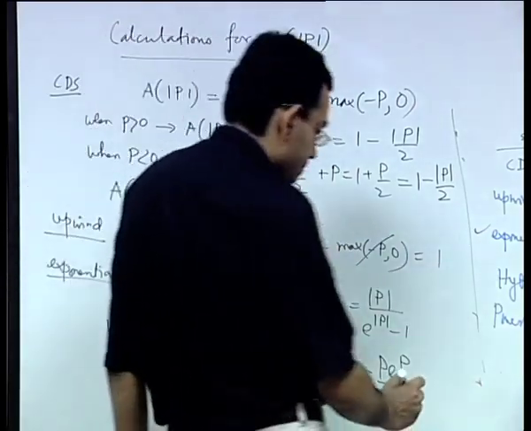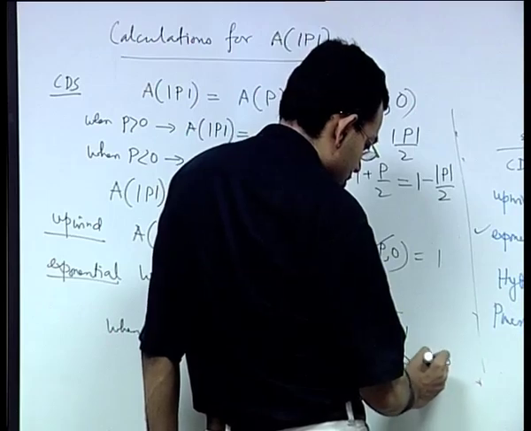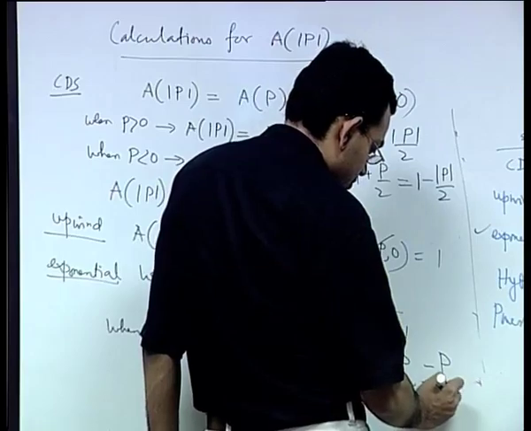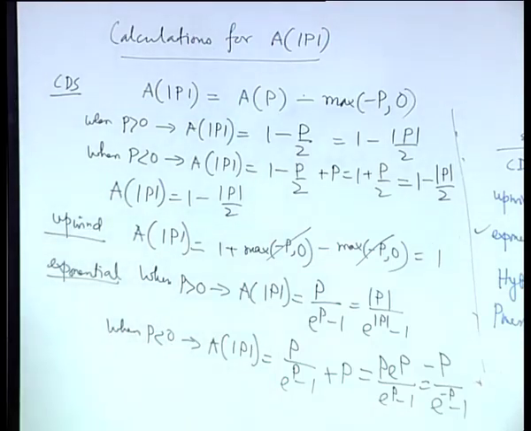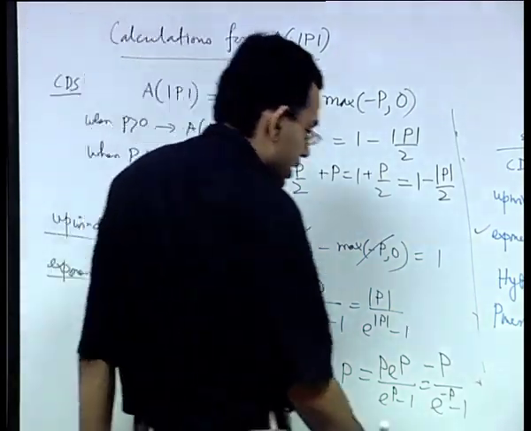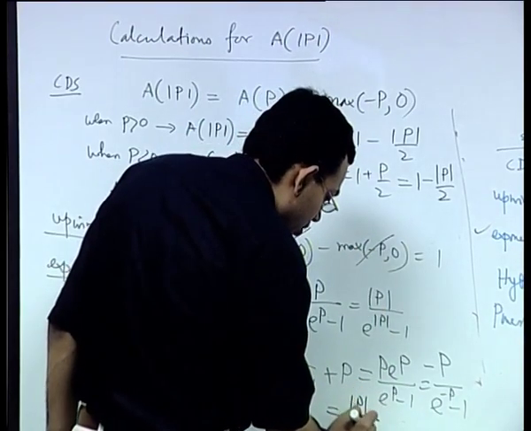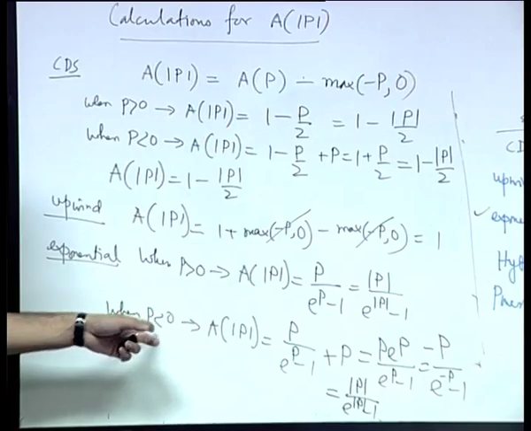If you do that, it will become p minus p by e to the power minus p minus 1. So, this is nothing but equal to mod p by e to the power mod p minus 1, because mod p is minus p when p is less than 0.